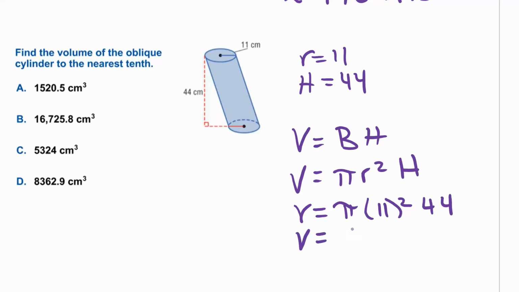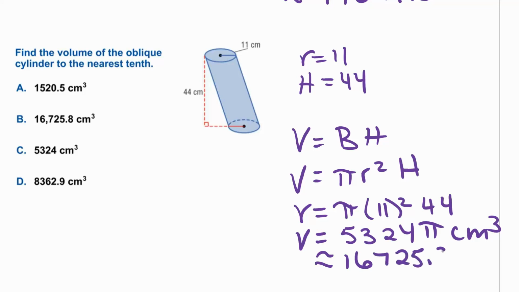So the volume is 5,324 pi centimeters cubed, which is approximately 16,725.8 centimeters cubed.